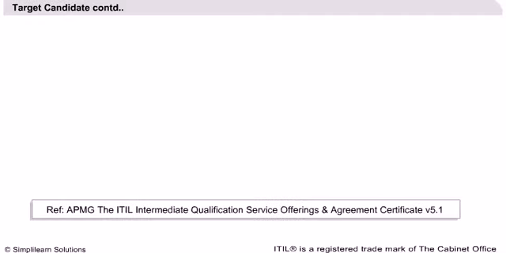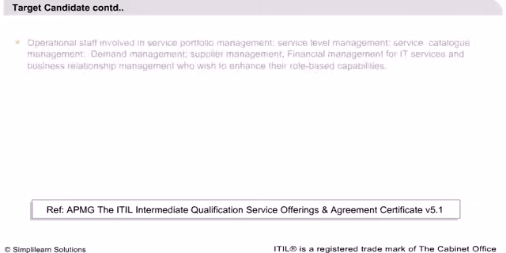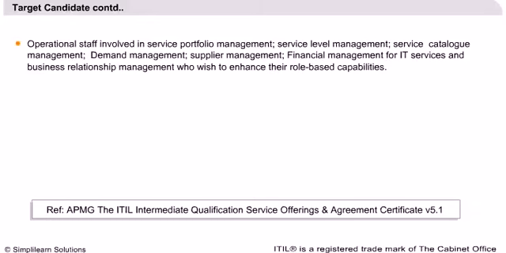Apart from the candidates mentioned in the previous slide, the following candidates can also apply or attend this course: operational staff involved in service portfolio management, service level management, service catalog management, demand management, supplier management, financial management for IT services, and business relationship management who wish to enhance their role-based capabilities.